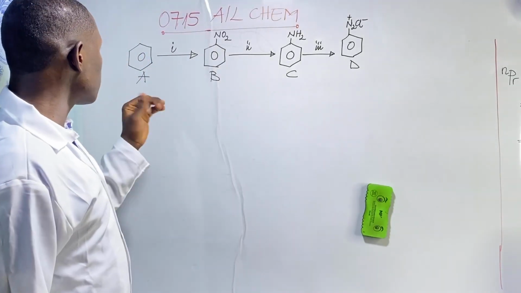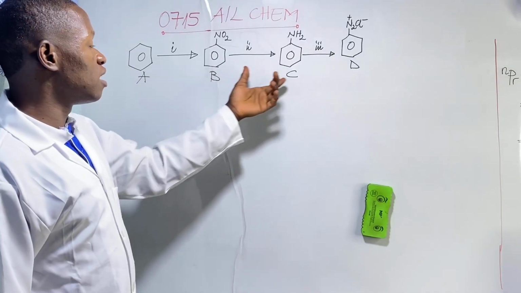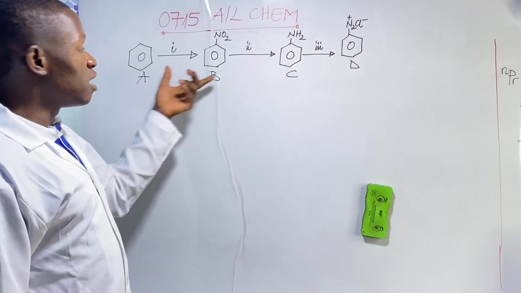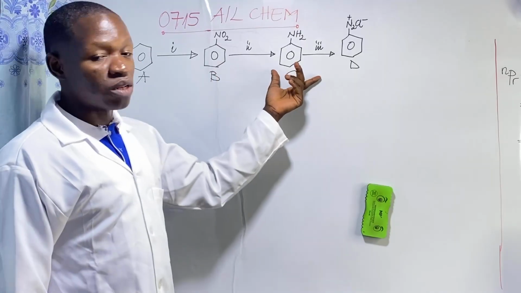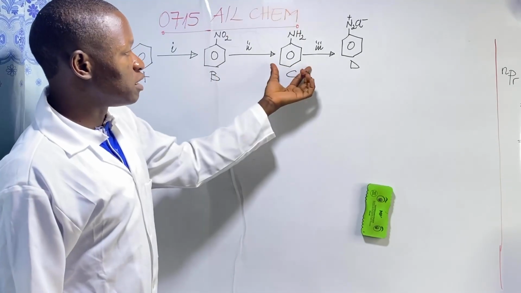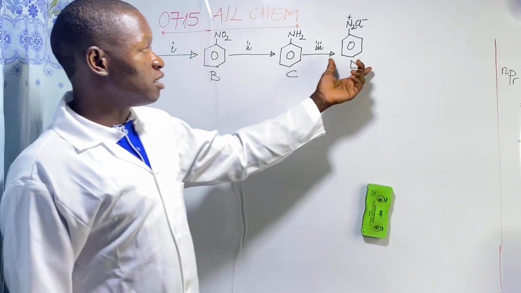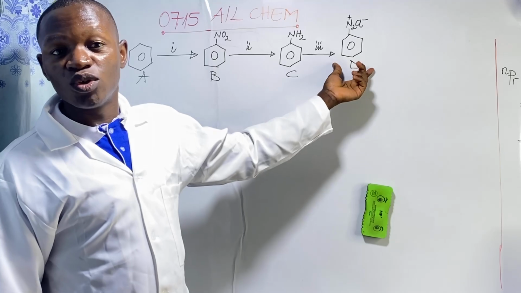Okay, so here we have benzene, and nitrobenzene. This one we call phenylamine. This is an amine group. This is a phenyl, so this is phenylamine, or you call it aniline. This is benzene diazonium chloride.